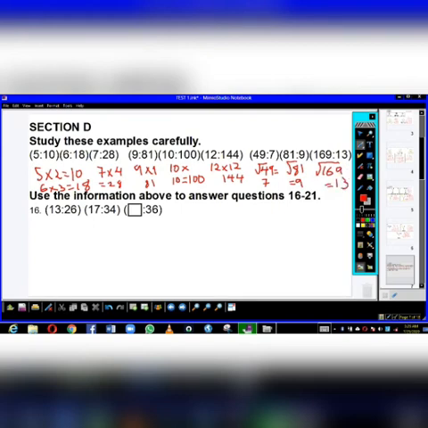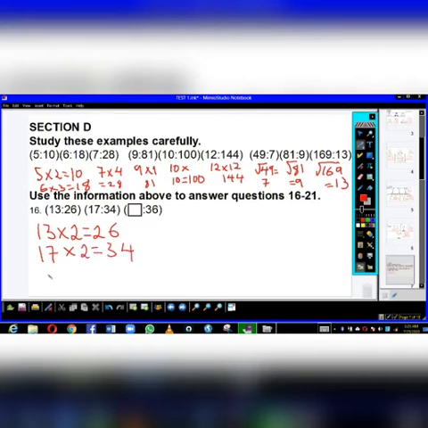Now let's proceed to number 16. In number 16, we are not going to apply the same method just as the way we have done in the given examples, because the workings are different. Here we are going to multiply each and every first number in the bracket by 2 in order to get the value. That is 13 multiplied by 2 will give me 26. 17 multiplied by 2, that will give us 34.